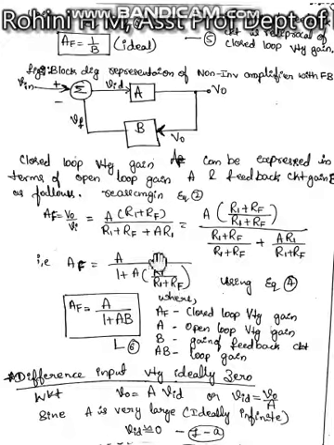So representing this term as B, right? We are writing AF is equal to A divided by 1 plus A beta or AB, where AF is the closed loop voltage gain, A is the open loop voltage gain, B is the gain of the feedback circuit, and AB is called the loop gain. So this AB is referred to as the loop gain of the amplifier circuit.